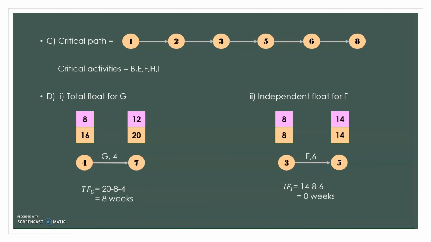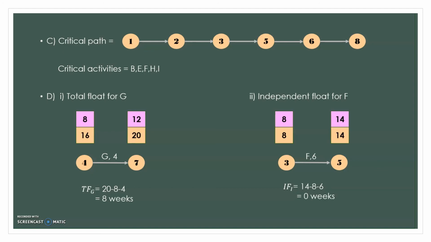So we cannot use it in the critical path, because the critical path needs to have the same number of EET and LET. Okay, next, critical activities are from the events on the critical path. Therefore, the critical activities should be B, E, F, H and I.